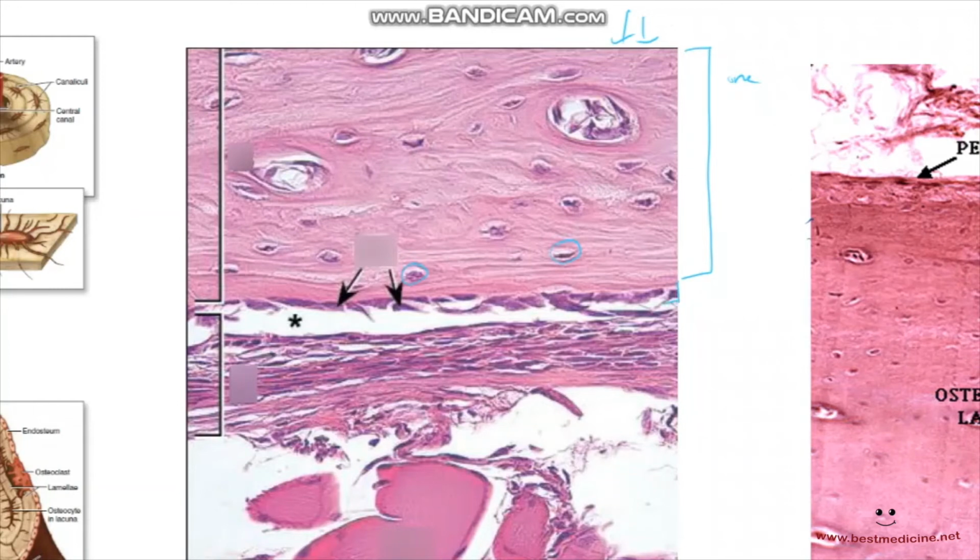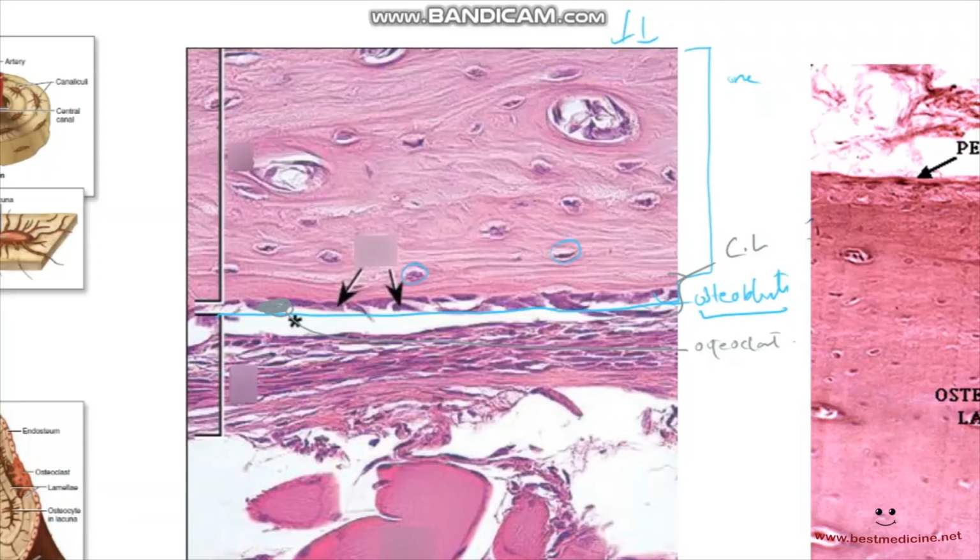Then this is the simple cuboidal layer containing densely stained eosinophilic cells called the osteoblasts. We might have some giant cell here performing the resorption of bone, and that cell is called the osteoclast. In this diagram there isn't one, but it might have an osteoclast as well if there's a giant cell. So this is the cellular layer of the periosteum.